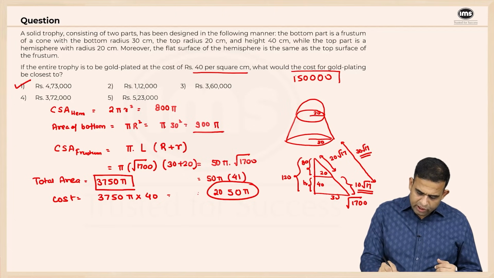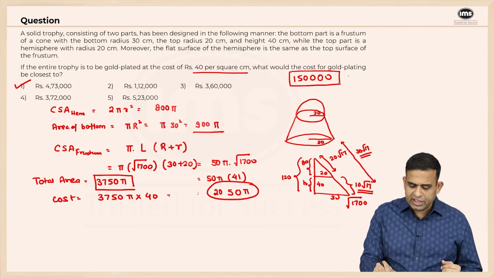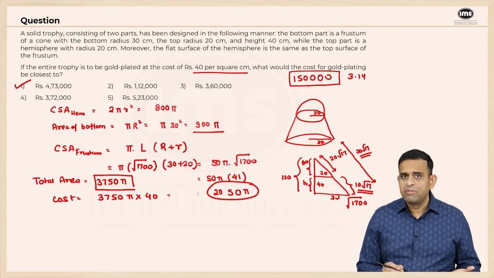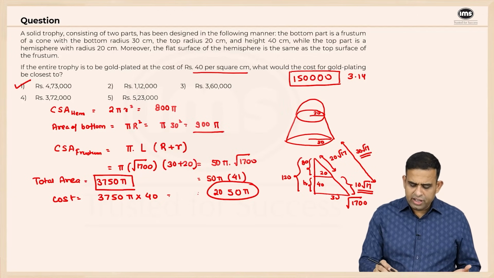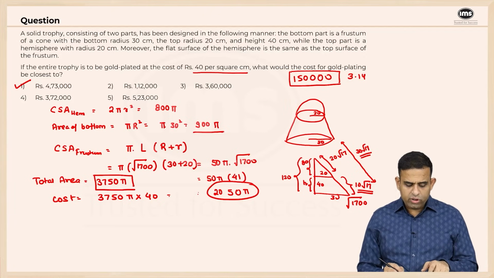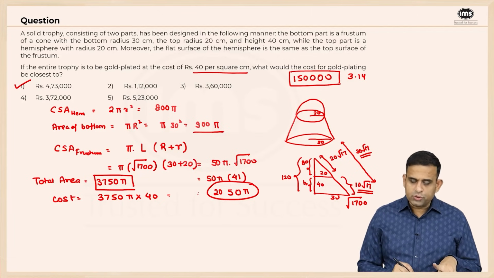So 1,50,000 is what 3750 into 40 would be, times pi, which is approximately 3.14. So 1,50,000 into 3 will simply become 4,50,000, and then accordingly this will be another 2 odd lakh. That's why 4,73,000 becomes your required answer. Hence option number 1 is the required answer for this question.